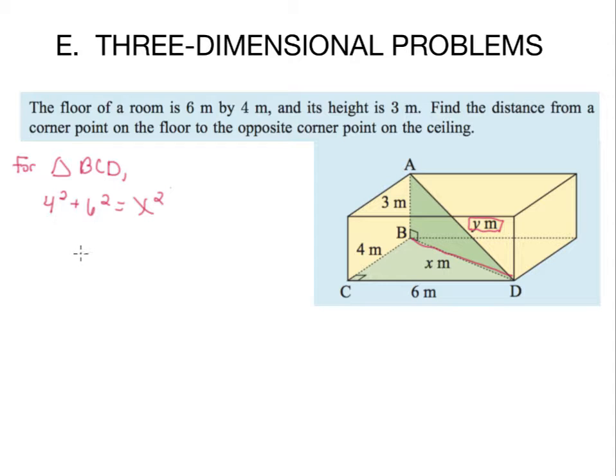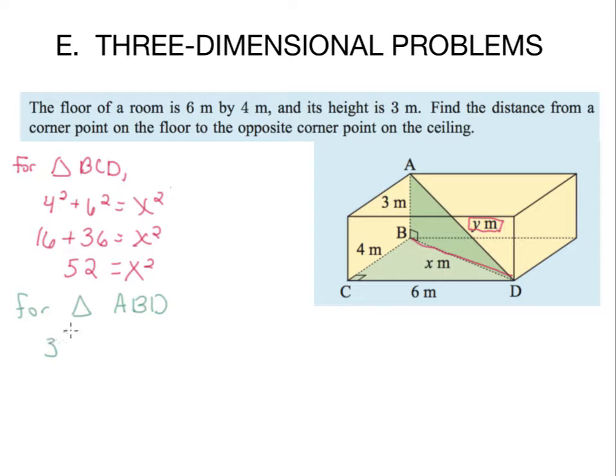Now I'm going to simplify this down using our Pythagorean theorem. I end up with x squared equal to 52. Now you can go on to solve for x and get x equal to the square root of 52, but I'm going to stop here because I know I want to use Pythagorean theorem for triangle ABD, and I'm going to need x squared in there as well. So I'm just going to stop at x squared here.